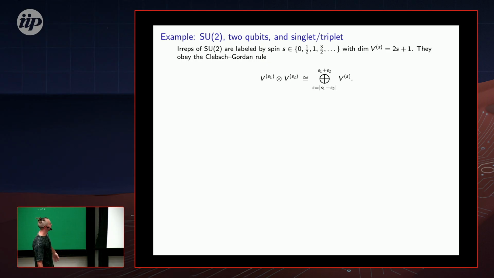Okay, an example of the Clebsch-Gordan transform and rule is the following. Two qubits, like two spin 1/2s. We know in general that irreps of SU2 are labeled by half-integer spin, and the dimension of the spin s is 2s plus 1. If you tensor s1 and s2, you get all possible spins between s1 minus s2 and s1 plus s2 with multiplicity 1. Again, this is non-trivial. In principle you could have multiplicity, but from physics class we know that it doesn't happen here.